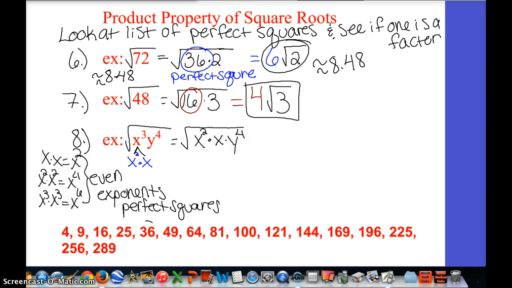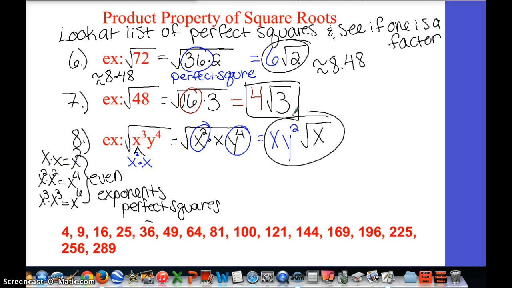Let's circle all our even exponents, x squared, y to the 4th, and we know we're going to take the square roots of those. The square root of x squared is just x. The square root of y to the 4th is y squared. We didn't take the square root of x, that's the only one we didn't circle, so it's times the square root of x, and that's our answer.